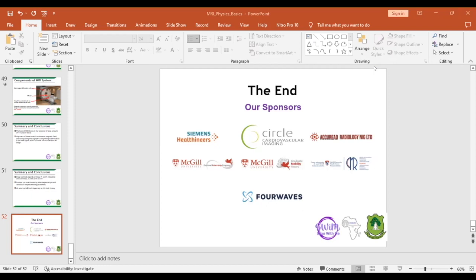That is what tells the scanner where to collect signals from. I've given a summary diagram of the three sequences at the end of the MRI basics portion. So the frequency encoding would come first.